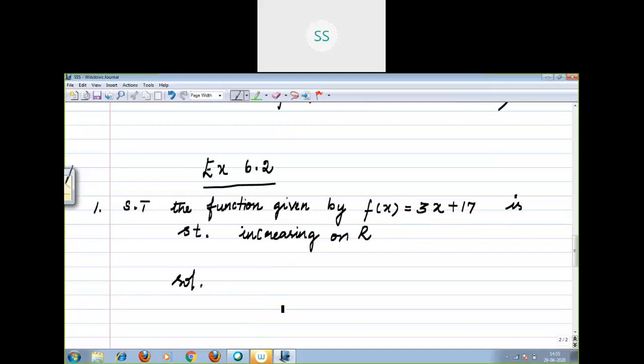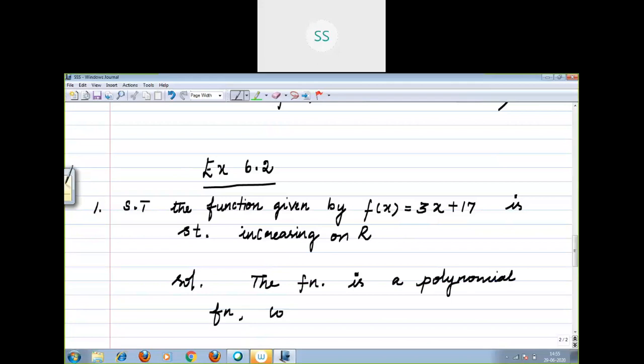Solution. It is a polynomial function. Did you agree or not? When you assign the x value, the function is continuous. It can be differentiated. So what can you write? The function is a polynomial function.